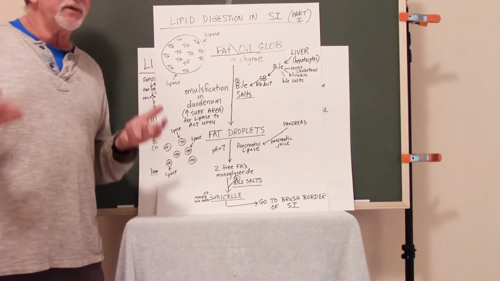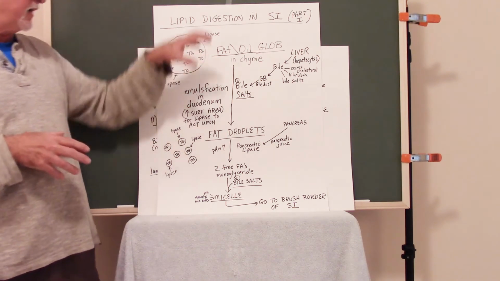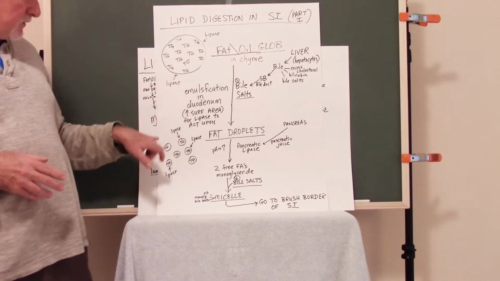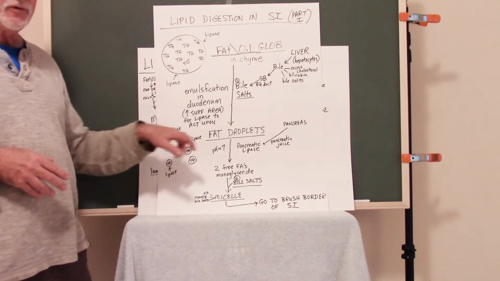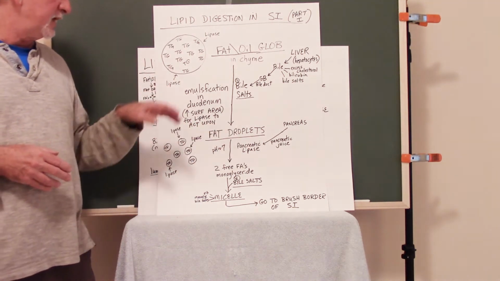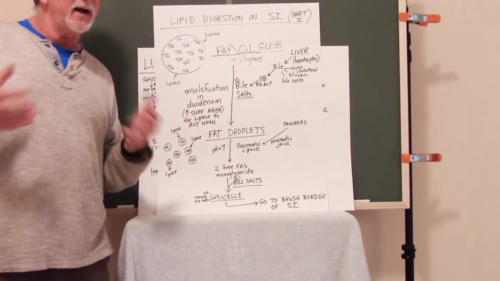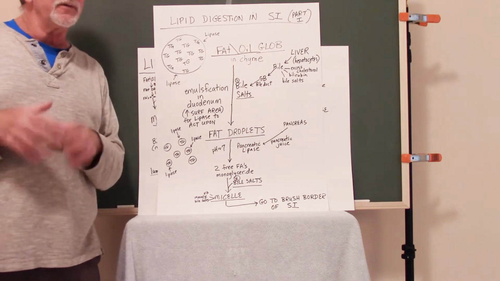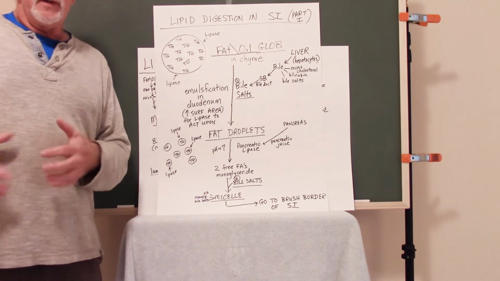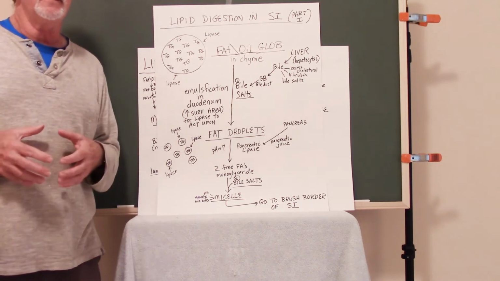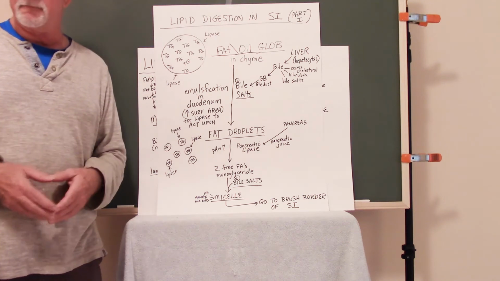And the emulsification process is going to break a big glob into tiny little droplets of fat. And that's to increase the surface area that the lipase enzymes can act upon to ensure that all the lipids that come in with your diet are fully broken down.